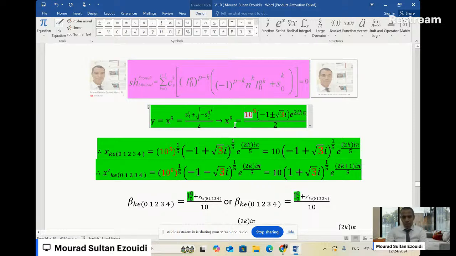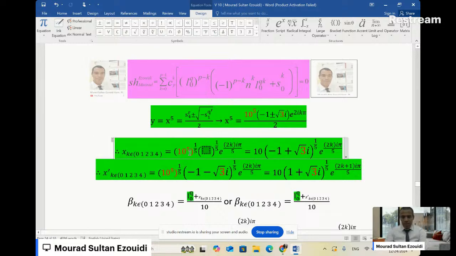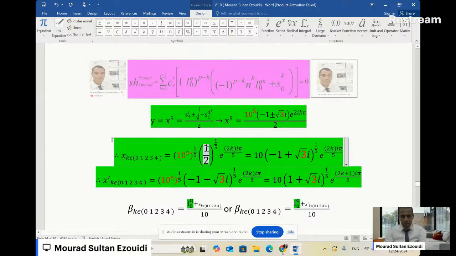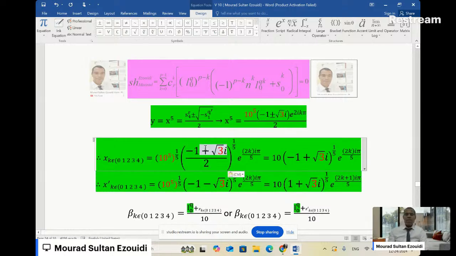Therefore, x_k from 0 to 4 is equal to 10 raised to the power half, divided by 2. Make it write it like that. That makes 1 divided by 2. Then go back to change this one. Okay, it's like that. So of course here I will do the same. I'll put it here.